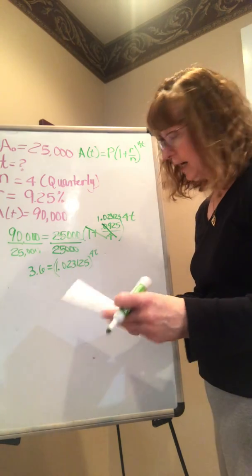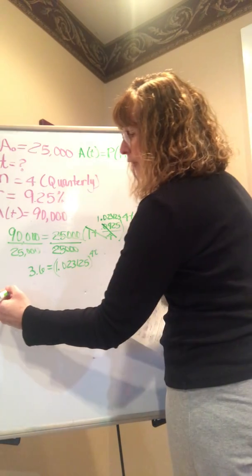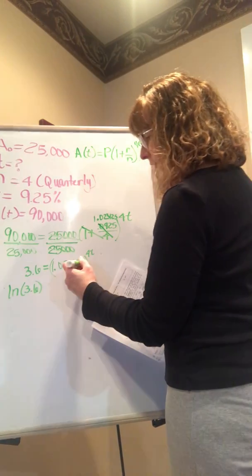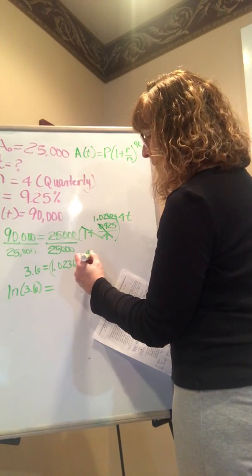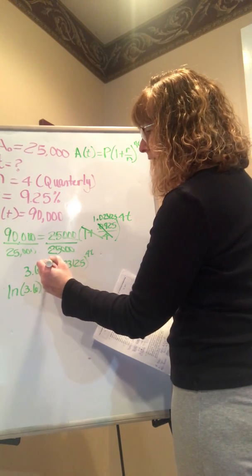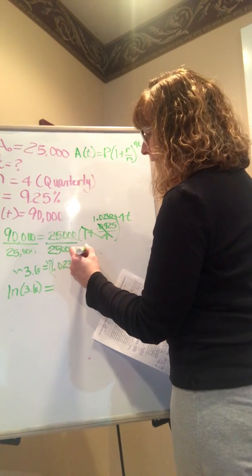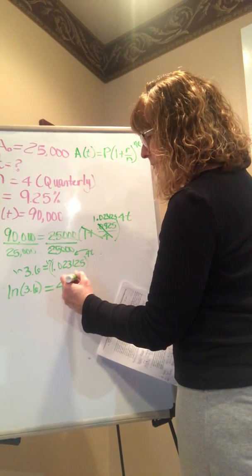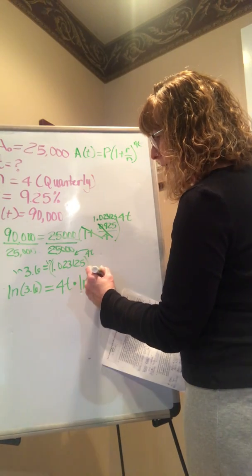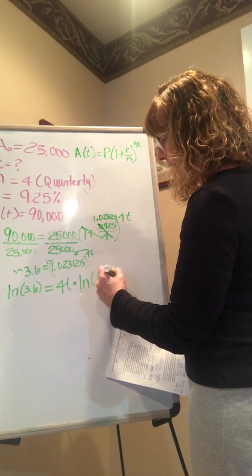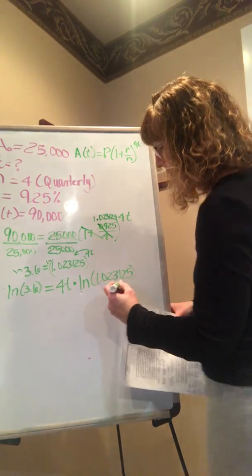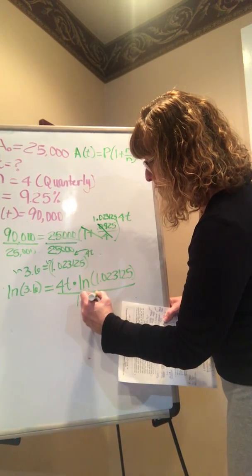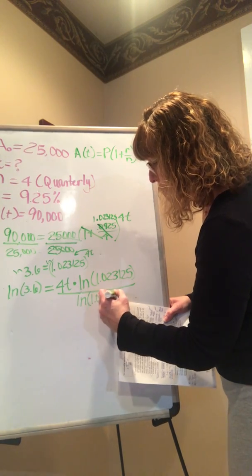At this point, we got to throw a log on both sides. So if I put a natural log of 3.6, and then on this side I put on a log, that's going to bring the power rule. I put the natural log on this side, and that's going to bring this guy down in front. So 4t times the natural log of 1.023125. I'm going to divide this by natural log of 1.023125.